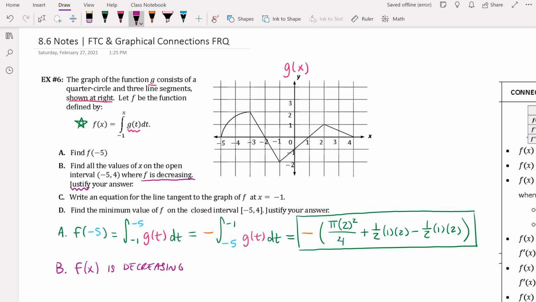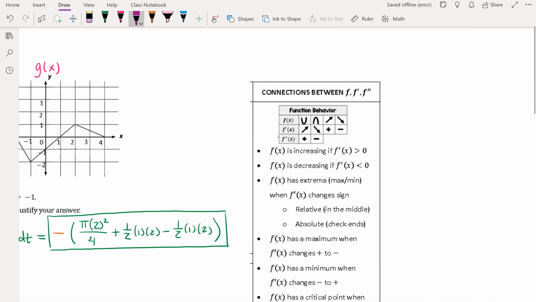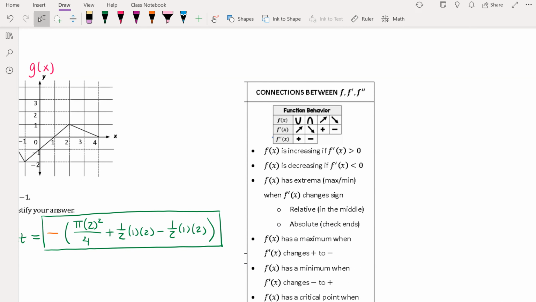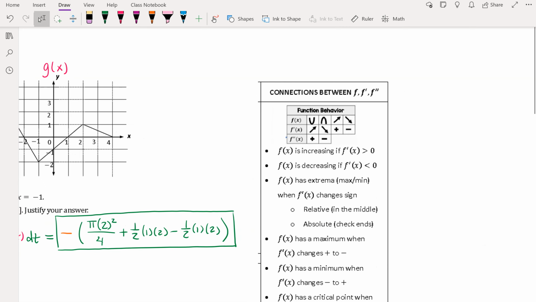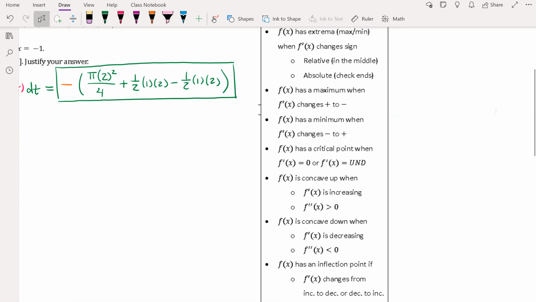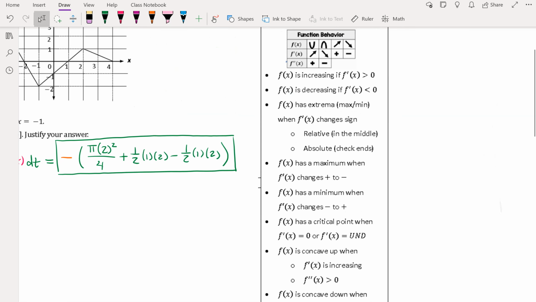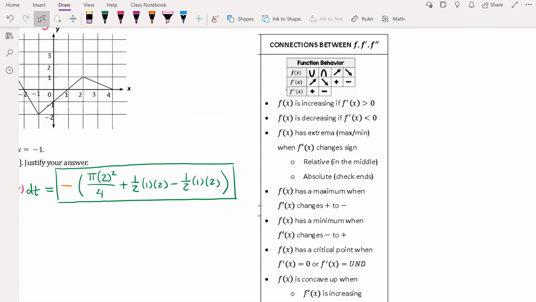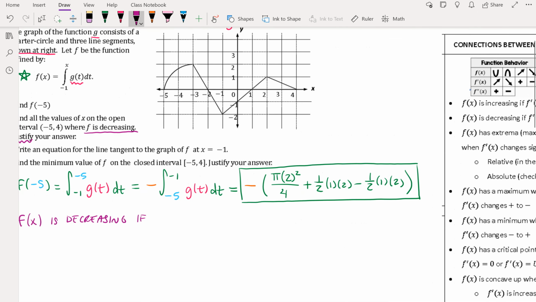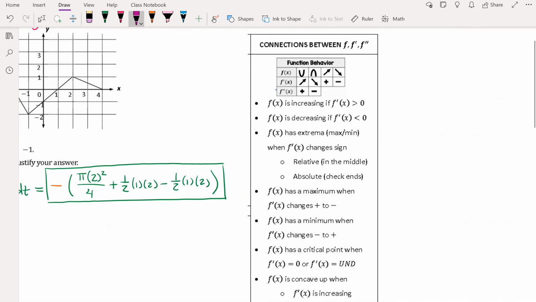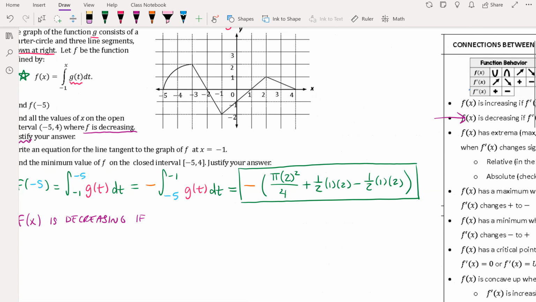And these are things that need to be memorized. I have them over here. They're on your reference sheet. So if you want to study your reference sheet, that would be a smart thing to do. You are supposed to know all of these graphical connections in your head, in your heart. But if we're looking for f decreasing, right? So f of x is decreasing if f prime of x is less than 0. So that's what we're going to write.